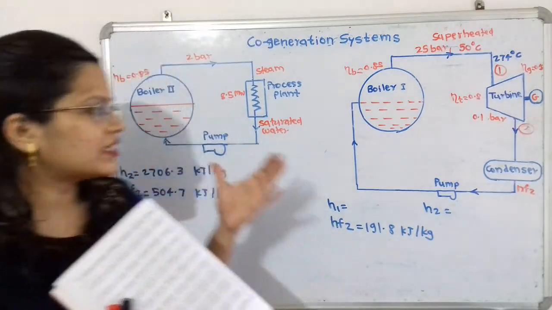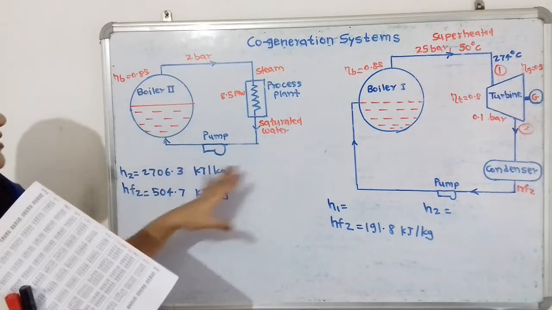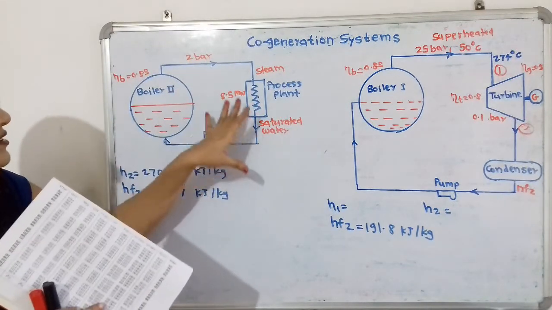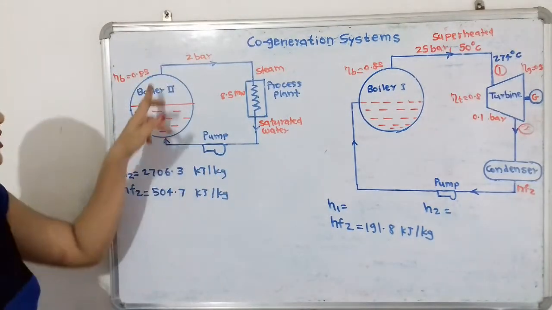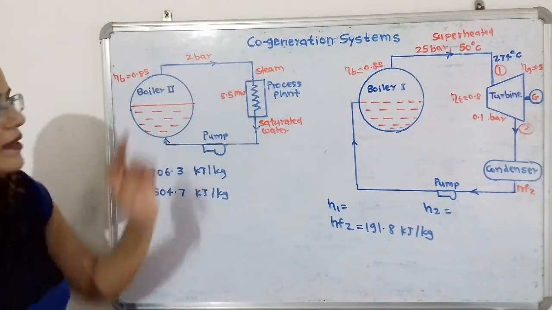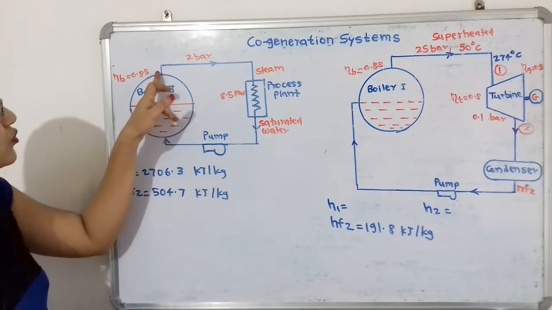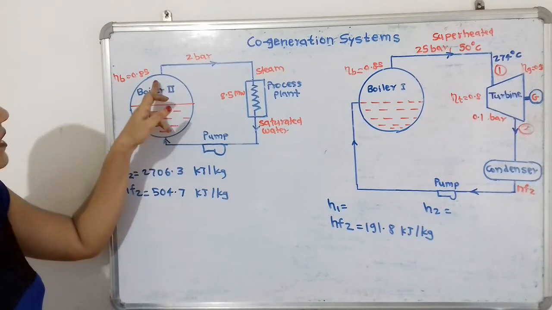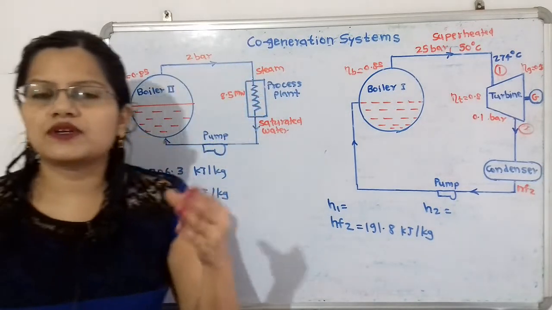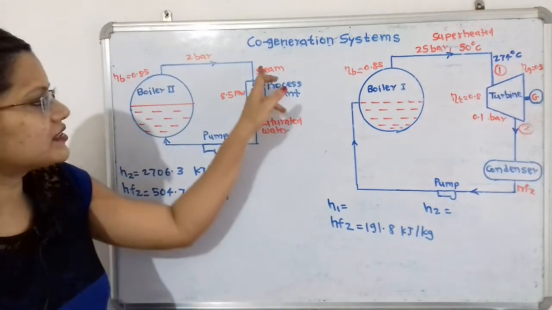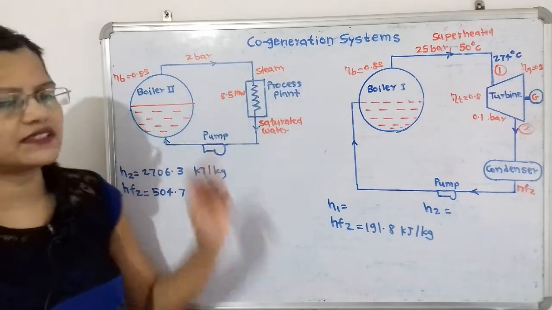Then we will move to the second form of energy, that is the heat energy. If we observe the given conditions, here is the 2 bar pressure line. At this 2 bar pressure, steam is coming out of the boiler. What is the phase of this fluid? It is in the gaseous form, so we will say steam.